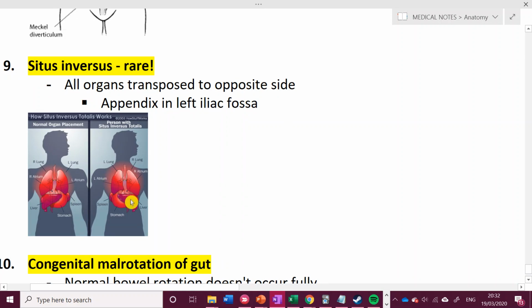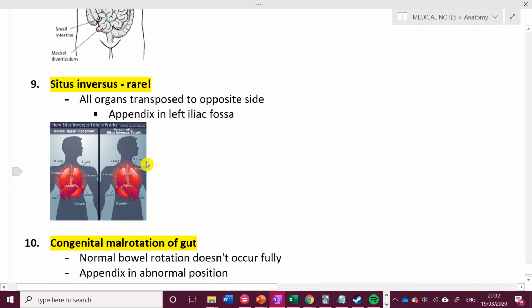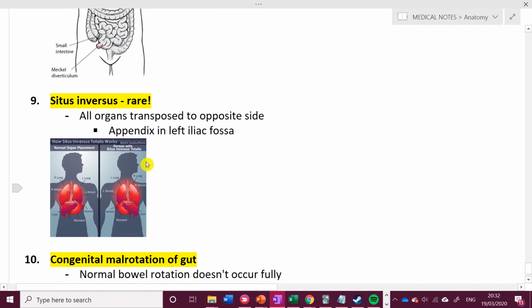So, for example, here, this person has their lungs switched around, and it looks like their heart is mirrored as well as all their abdominal organs. And this can make things like appendicitis surgeries quite difficult, because the surgeon has then got to work out different anatomy. So the appendix can be in the left iliac fossa now.